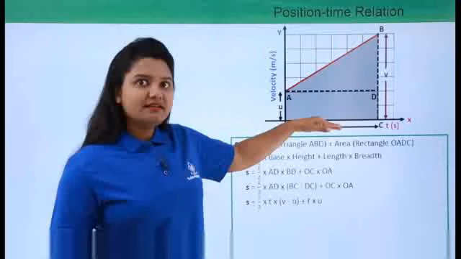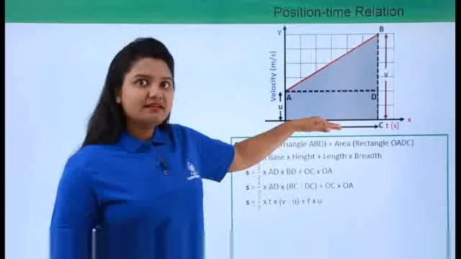So, this is our equation number 1, which is S equals half (V minus U) into T plus UT, and our equation number 2 was V minus U equals AT. Now, on substituting V minus U from equation 2 into equation 1, we have S equals half (V minus U) into T plus UT.